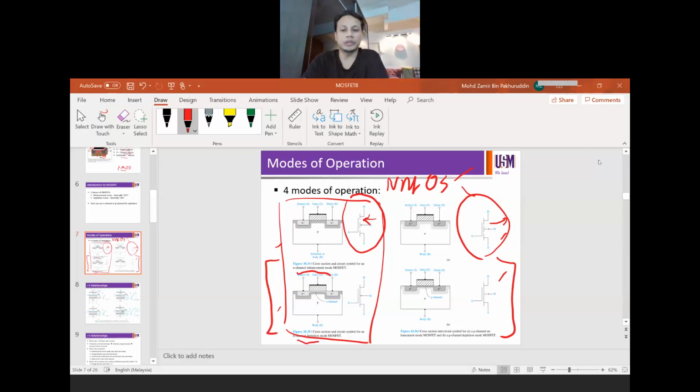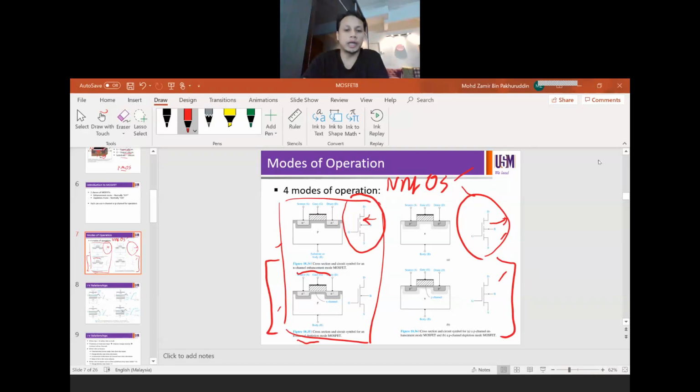What difference do you notice in the schematics? Anyone? Yeah, the line between D and S, the line between drain and source.